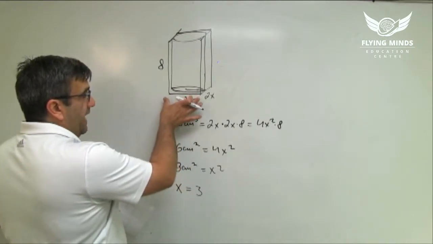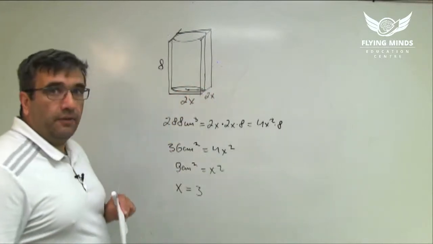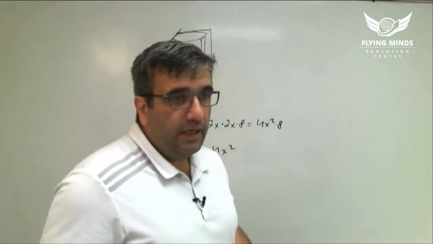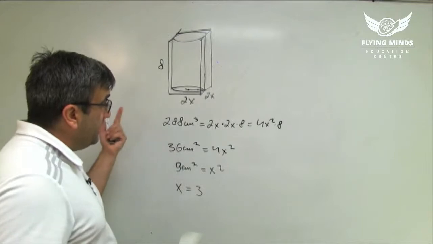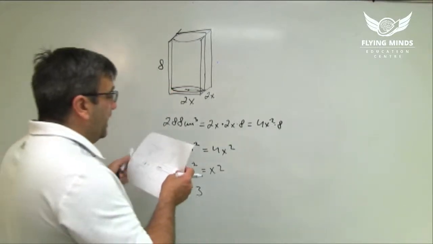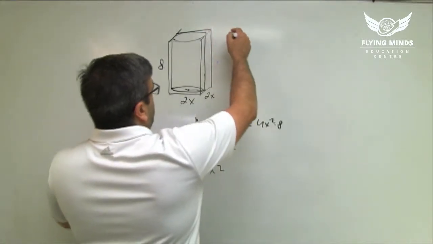X equals 3. It means that the radius of this cylinder is 3, right? Because 2 times 3 is 6, and half will be 3. Okay, and we're given the formula for the surface area of the cylinder, right?